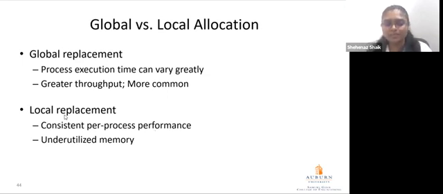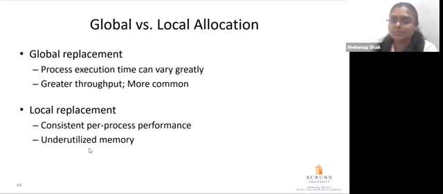So local replacement policy results in consistent performance of the process, but at the same time, it may result in underutilized memory, considering we are allocating some number of frames to each process.